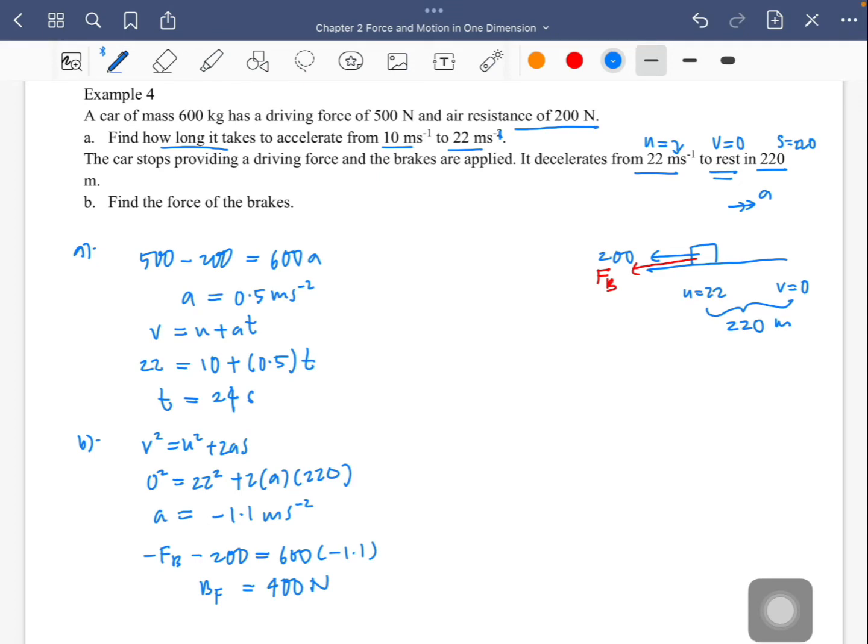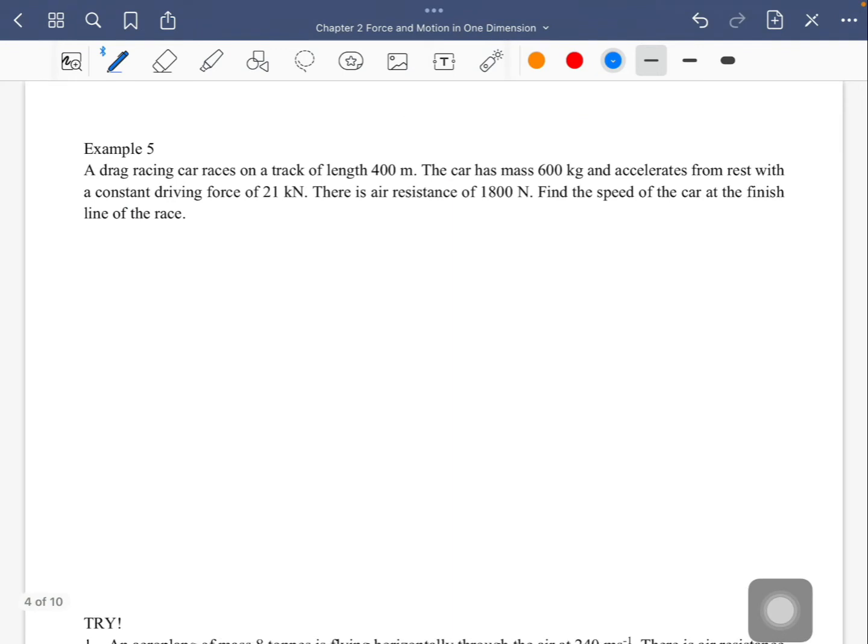For the next page, we have example 5. I leave this example 5 for you to try. The answer for example 5, where we want to find the speed, is 160 meters per second.